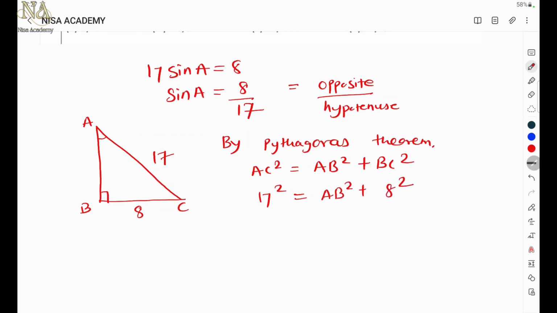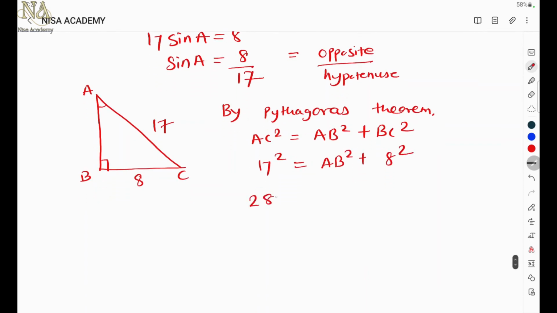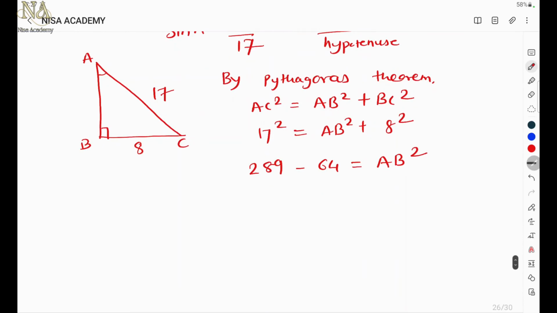BC square we know, it's 8 square. So 17 square is 289, minus 8 square, 64, is equal to AB square. So how much is this? 9 minus 4, 5. 8 minus 6, 2. So 225. Okay. Therefore, AB is equal to square root of 225, which is 15. Right. So the answer is 15.